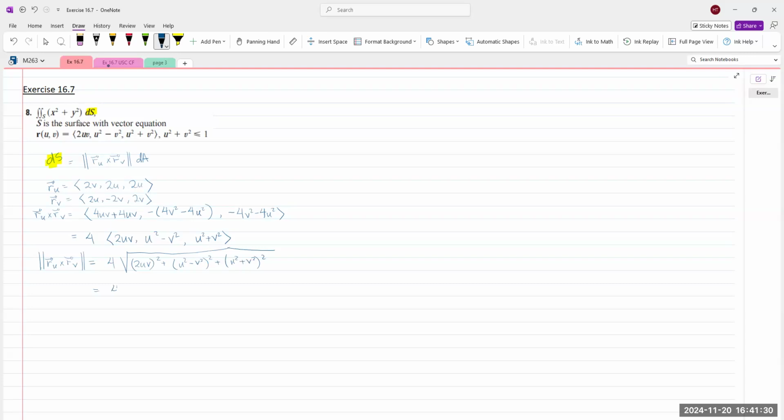That is 4u squared v squared plus u to the 4th minus 2u squared v squared plus v to the 4th plus u to the 4th plus 2u squared v squared plus v to the 4th.